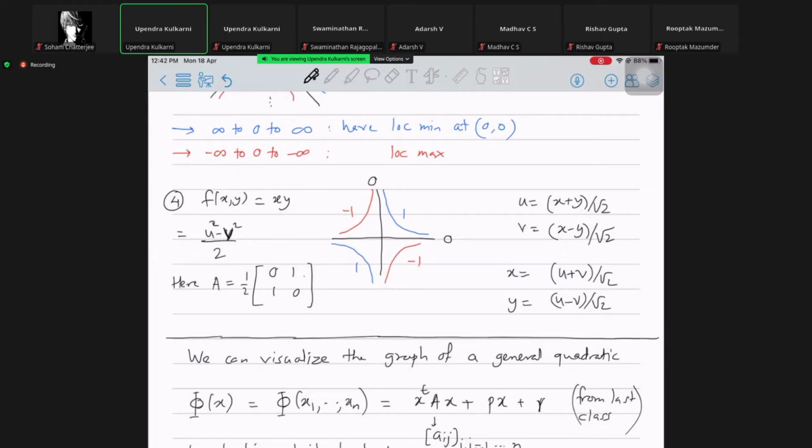Okay. What are the eigenvalues of this? Or more to the point, ignore the half. The half is only going to scale the eigenvalues. The eigenvectors will stay the same. It is the eigenvectors that I want, right? Because those are going to be my new basis vectors. So ignore the half. Then this is just something that switches x and y coordinates, right?